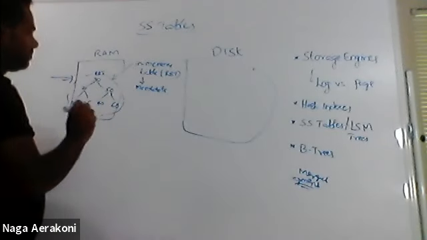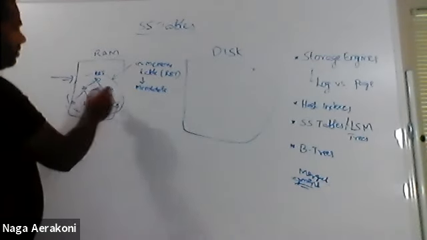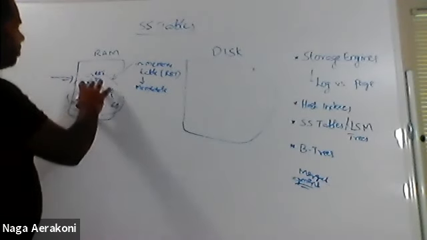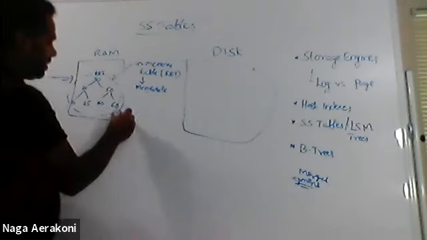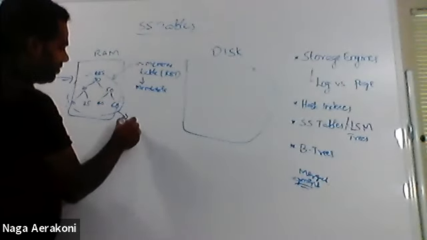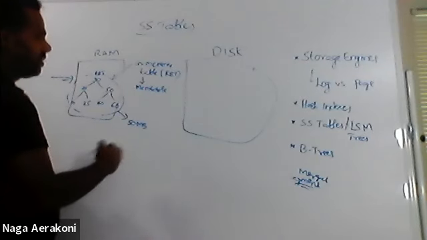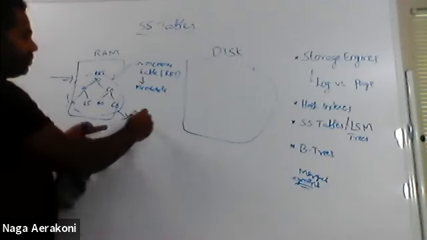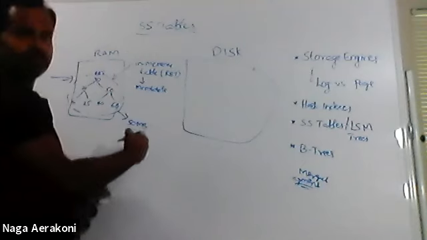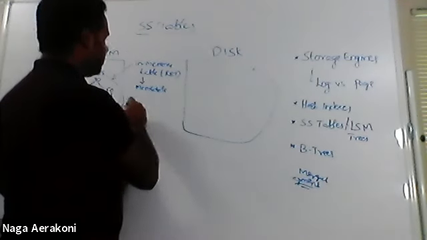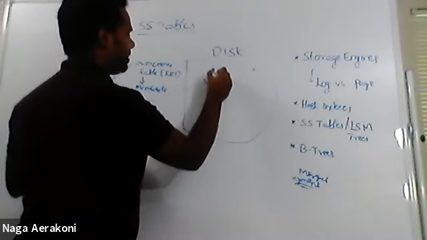So we always have this mem table in memory, and whenever it hits a certain size, like 50 MB or 100 MB as in the previous case, we can dump this tree to disk as one segment.